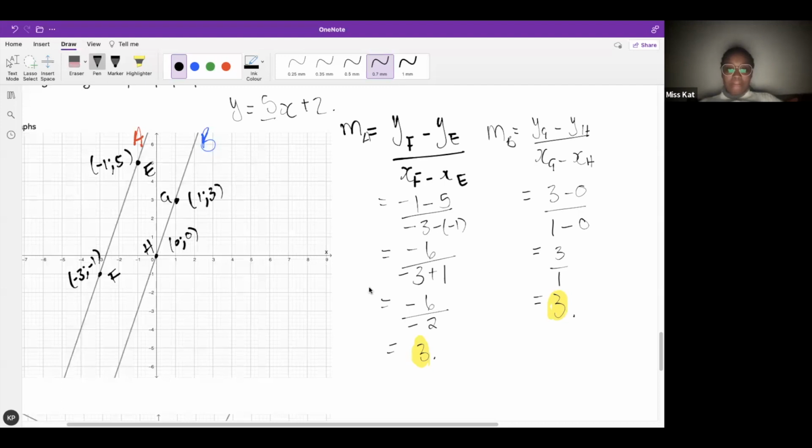What will the gradient be of the graph that you are working out? If I'm telling you this new graph is parallel to y equals 5x plus 2, then the new graph will have what type of gradient, guys? What will the gradient be? 5. Thank you, Zianda. Okay.